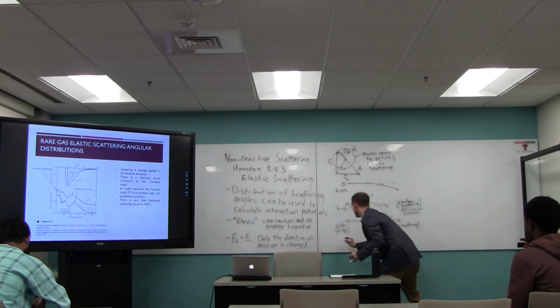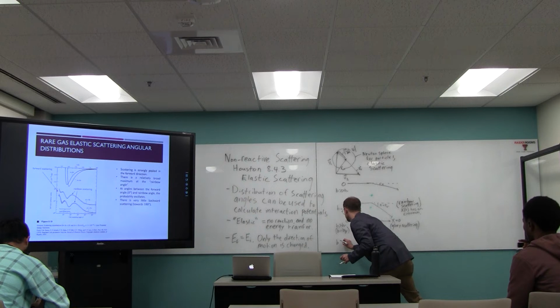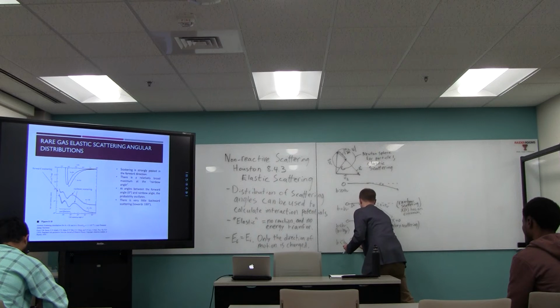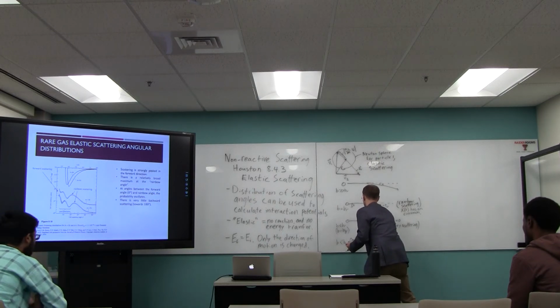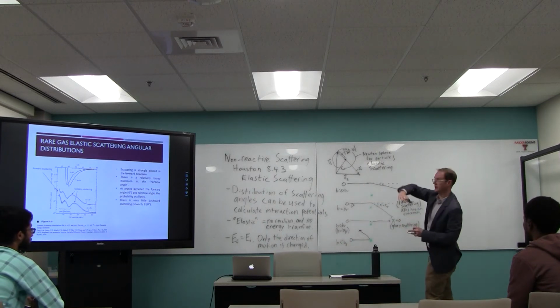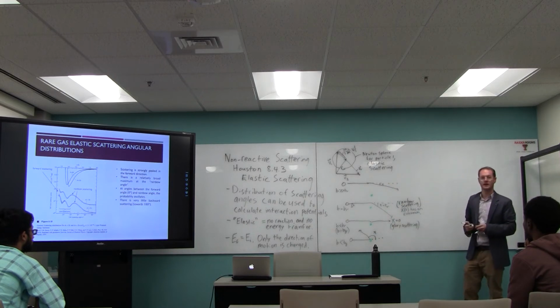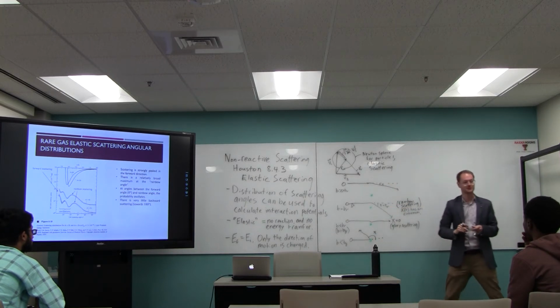Okay, and then if you increase B even, I'm sorry, this should be B less than B rainbow. Right, so if you have an even harder collision, with a lower impact parameter, then chi comes around the other way. And then you start to have backward scattering angles.